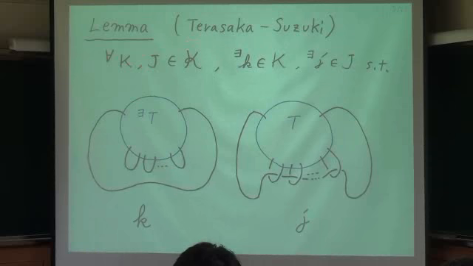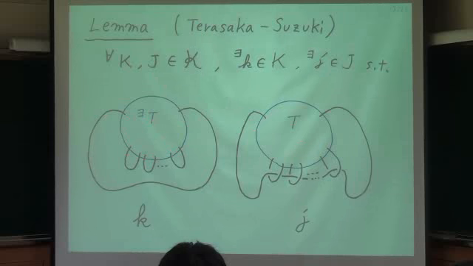I call this the Terasaka-Suzuki lemma. It says that for any two knot types K and J, there exists a representative small k of capital K and small j of capital J that differ like this. This is some tangle of many strings.